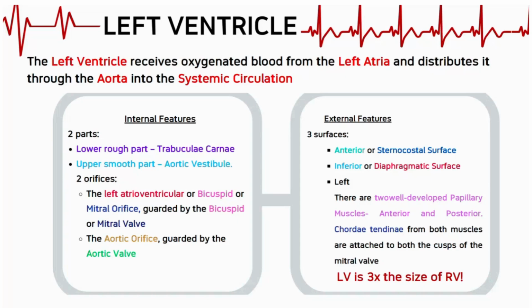We're essentially picking up these electrical signals that we see on the ECG in very, very acute presentations, like for example, anterior MIs or inferior MIs, from the electrical activity that we can detect from these surfaces of the heart. Okay, and we have the left side of the heart as well.